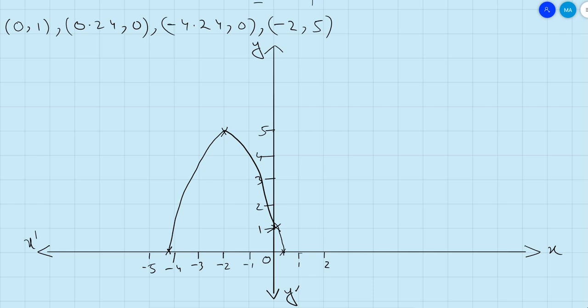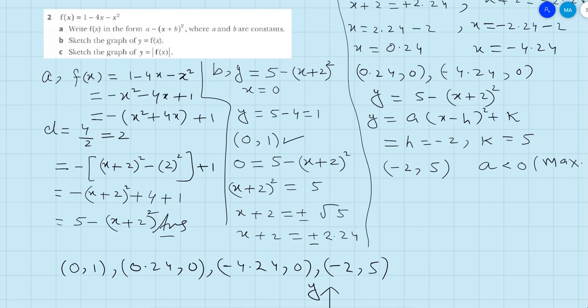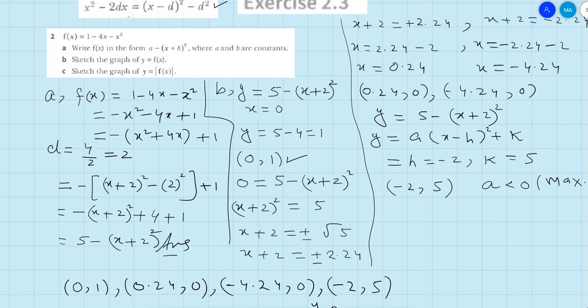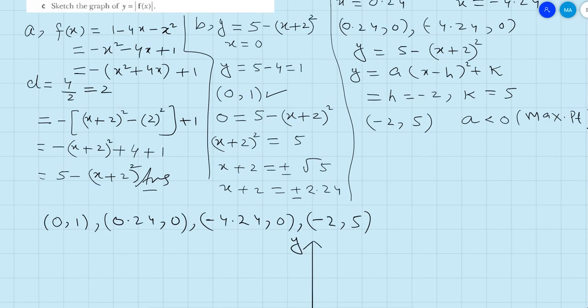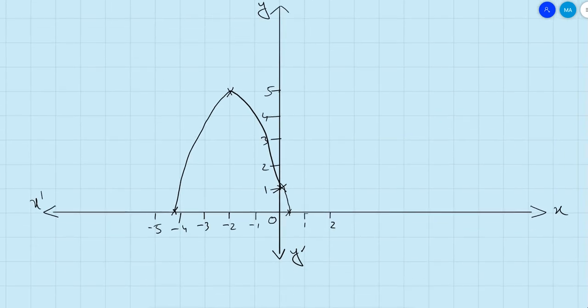Now if you see the question again, we have to draw the graph of the absolute valued function. Part c asks for the graph of y is equal to the absolute value of the function. The graph of an absolute valued function is always above the x-axis.